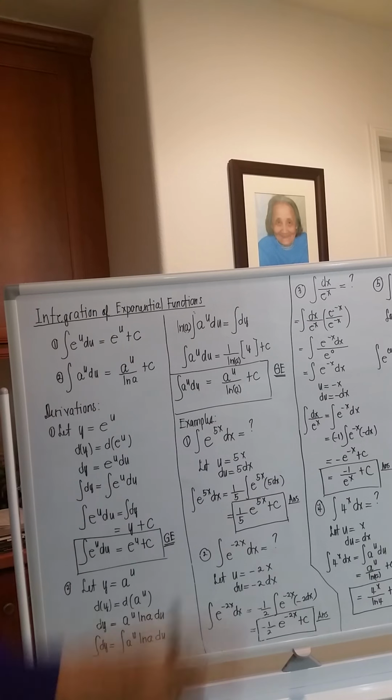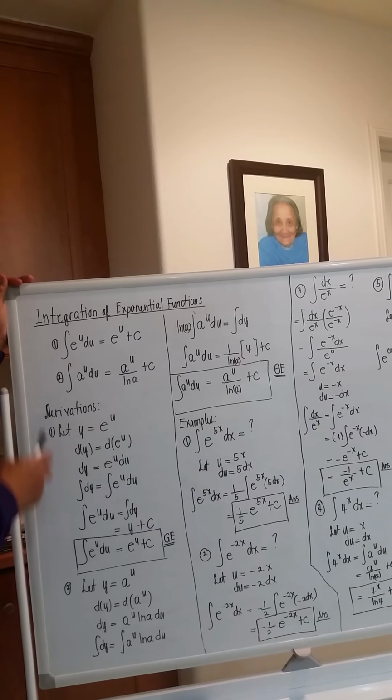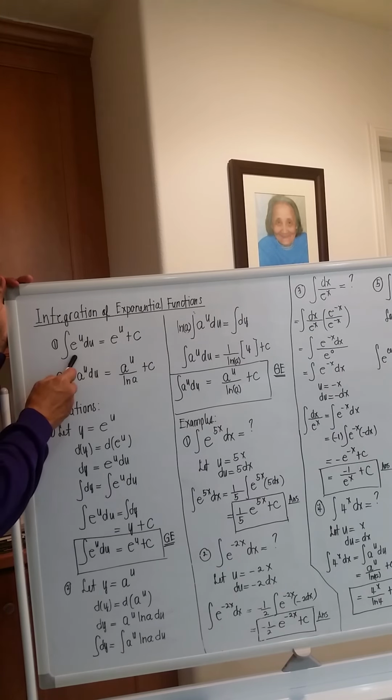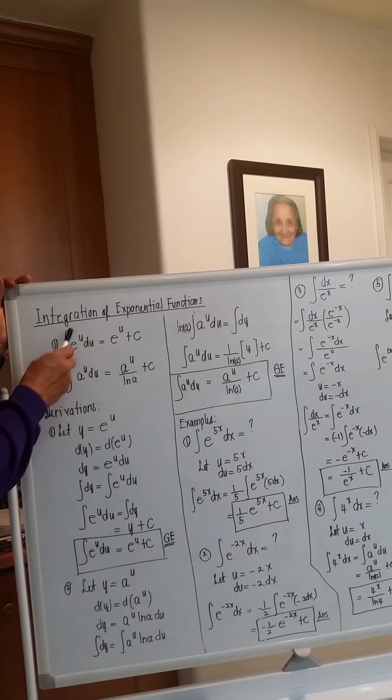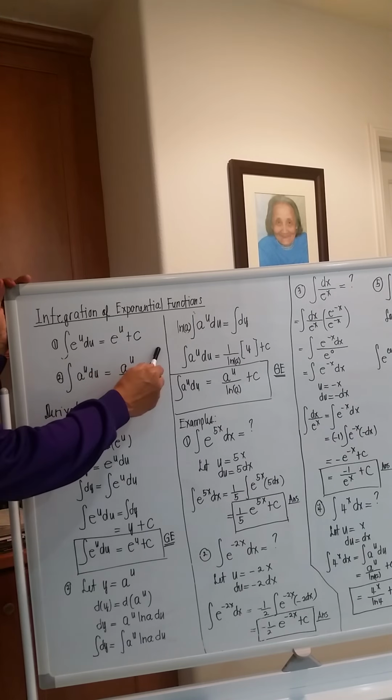Okay, I will give you the first integration formula. The integral of e to the u du equals e to the u plus c. That's the first one. Later on, I will give you the derivation of that. How come the integral of this is this?